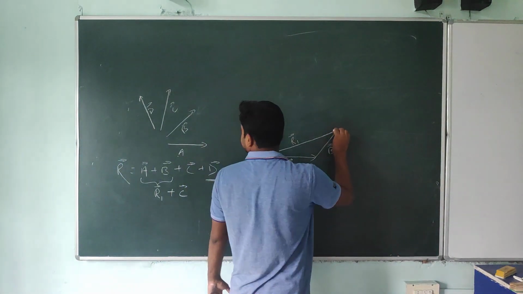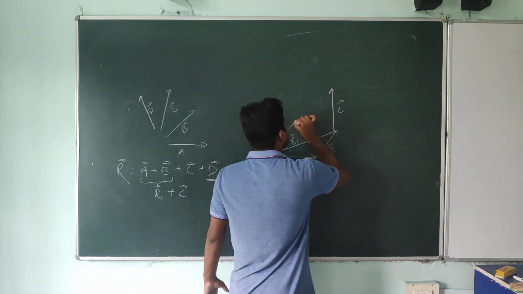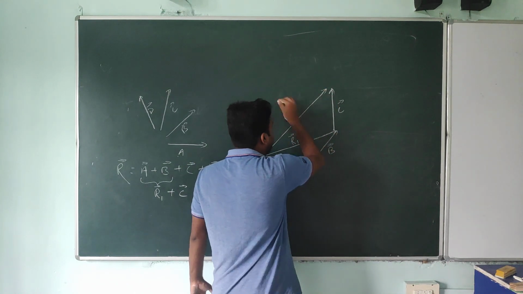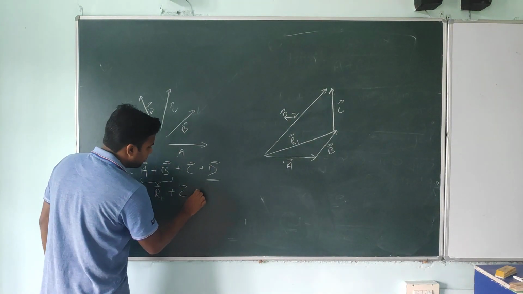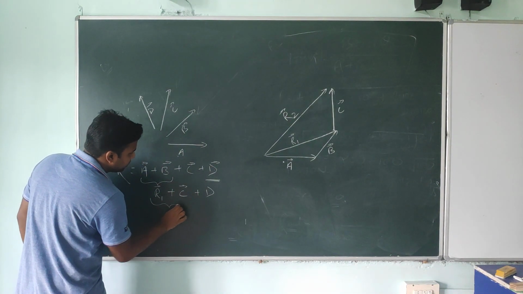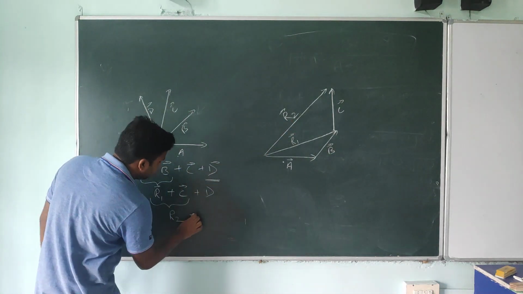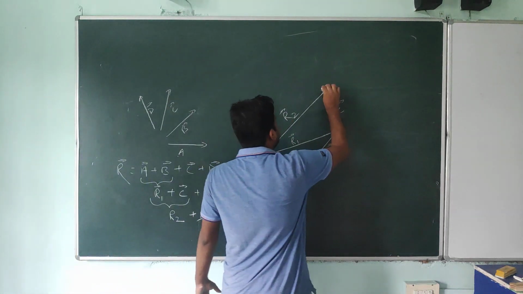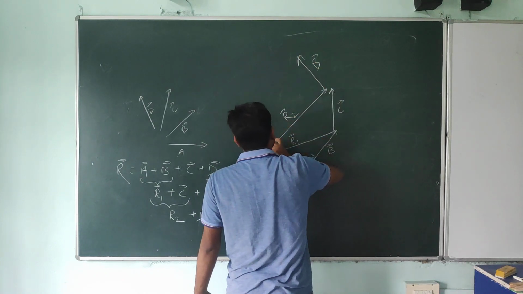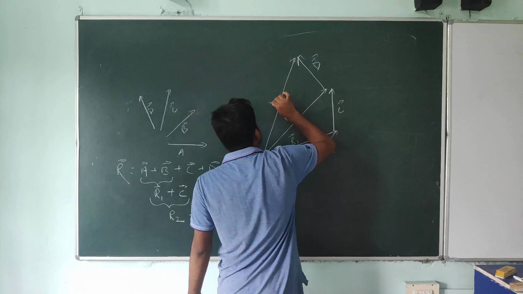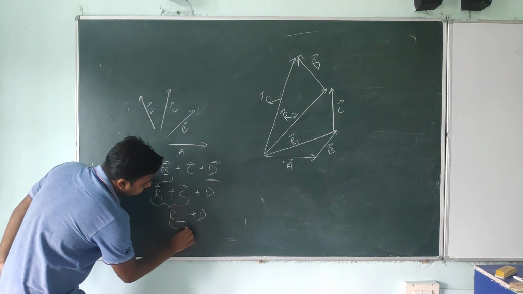So add the C vector here, this one is the C vector, then what will you get? The R2 vector, which is R1 plus C. I am assuming this is the R2 vector, and I have written R2 plus D. Now if you add the D vector, what will you get? The resultant vector R.